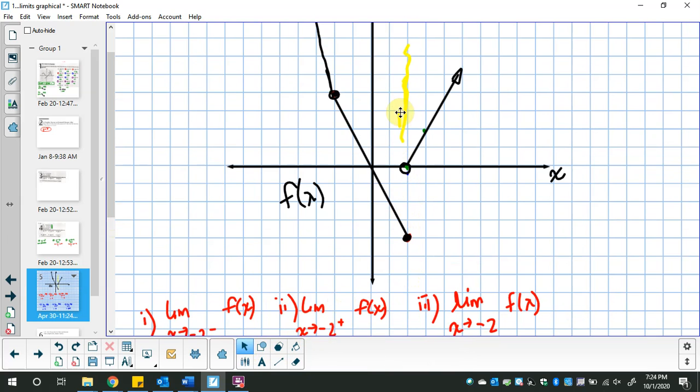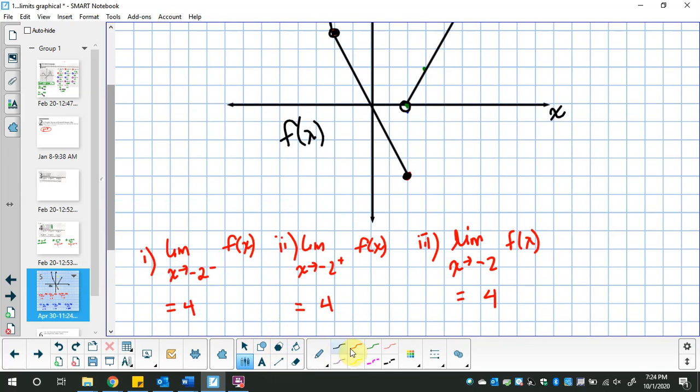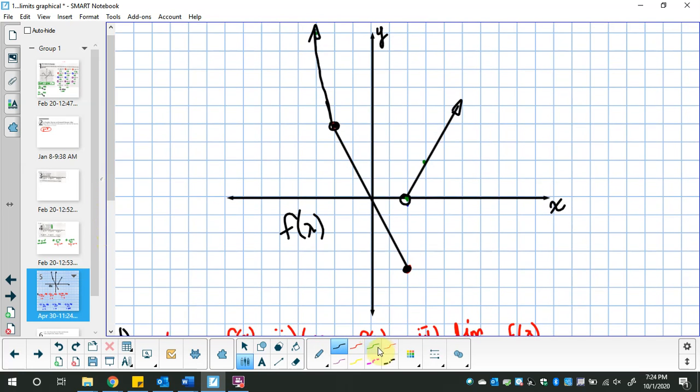So I will talk about that as soon as I move this out of the way. And I'm going to remind myself that we just finished question B, and now I'm going to do C right here. So I'm going to write it down and then we'll fill in the blanks later.